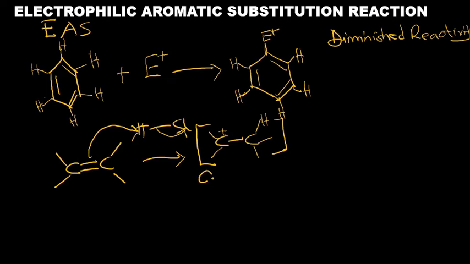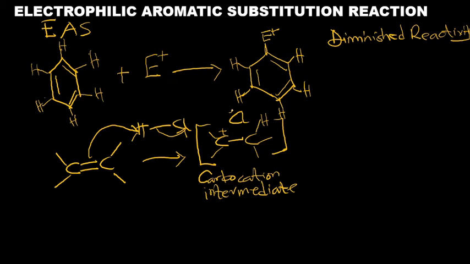So we say we have a carbocation intermediate. So this is the intermediate. So our chlorine, which is being displaced from here, is now here, very rich in electrons.